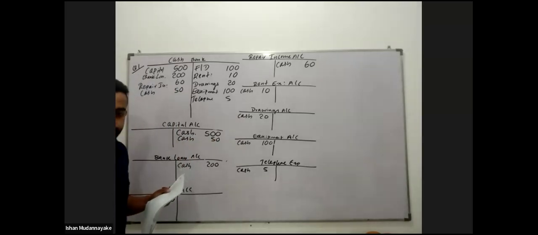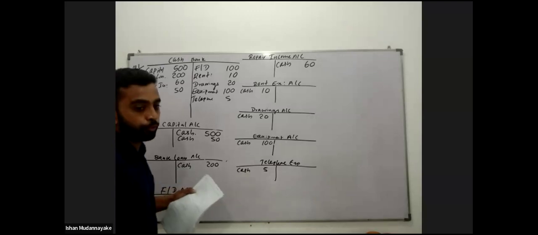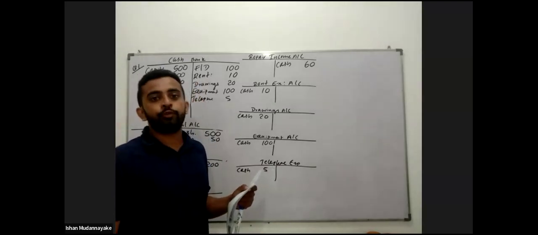Is that clear? Right. Students, next transaction, the 10th one. Settled 20,000 of the bank loan. How to do this transaction? Cash outflow for the business.